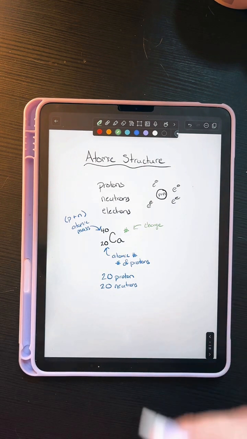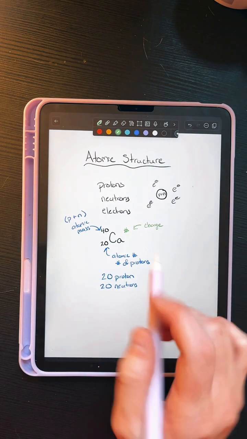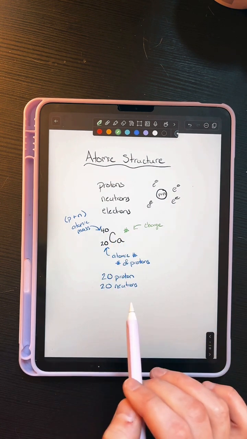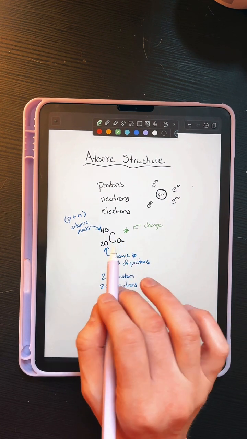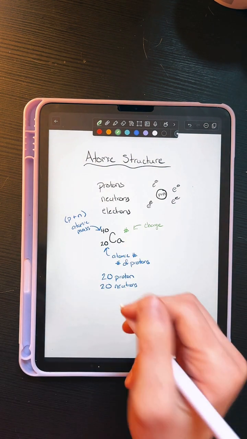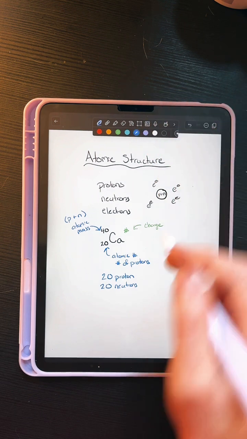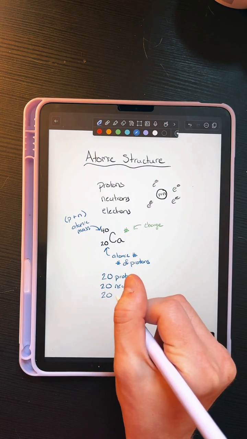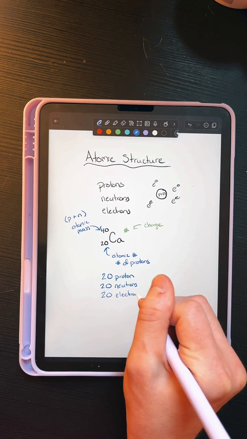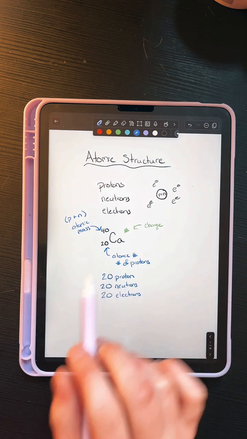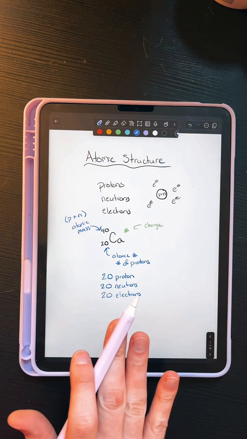When we have a neutral atom, when there's no number up top, like in this particular case, our number of protons will equal the number of electrons. So in the case of calcium, without a charge, our number of protons equals the number of electrons. And it just so happens that in the example I did, they are all 20. But that's not always going to be the case.